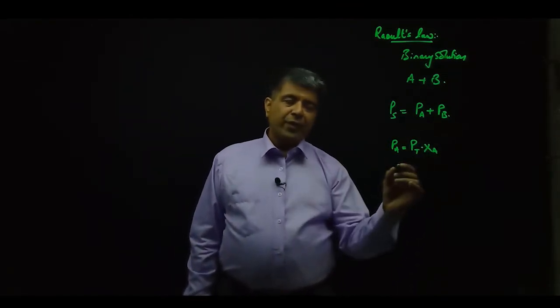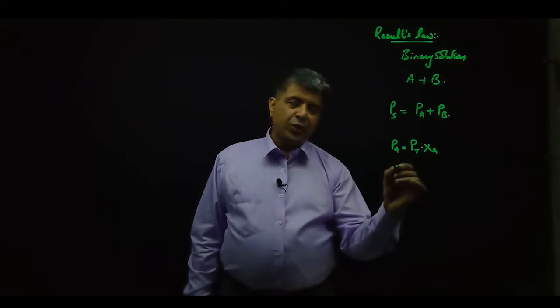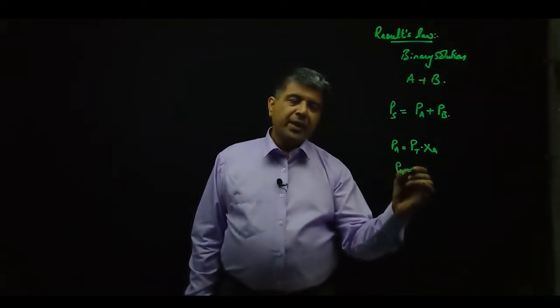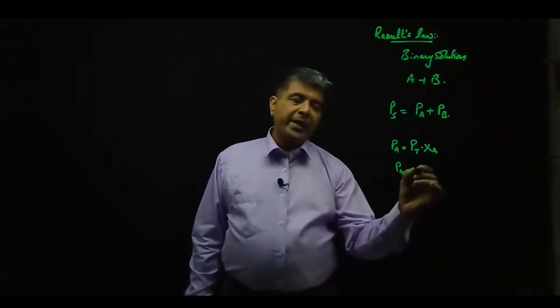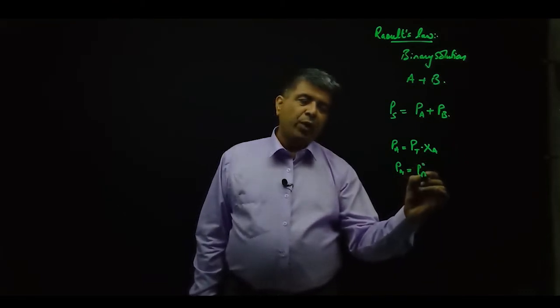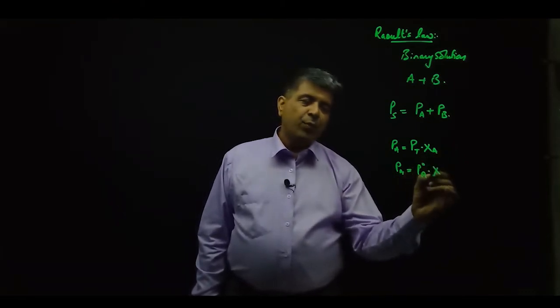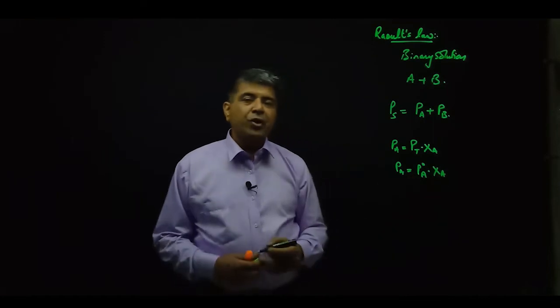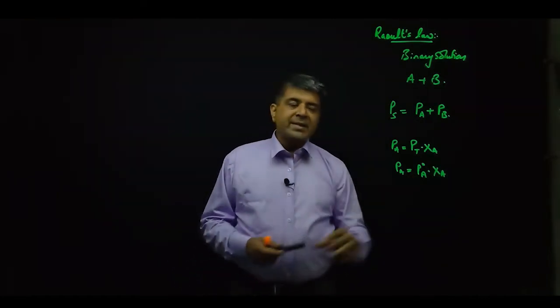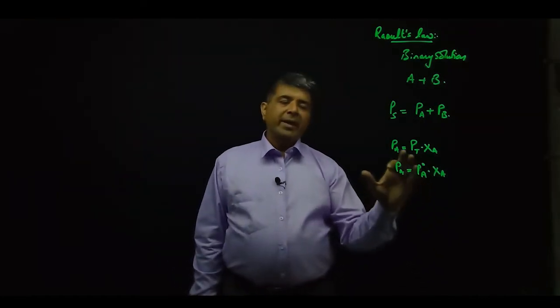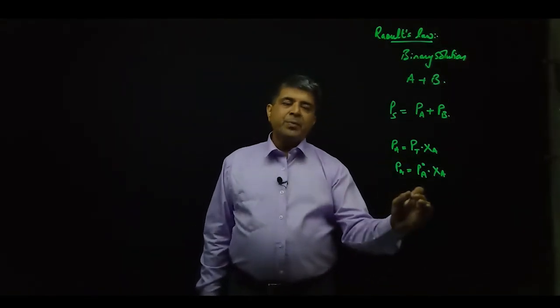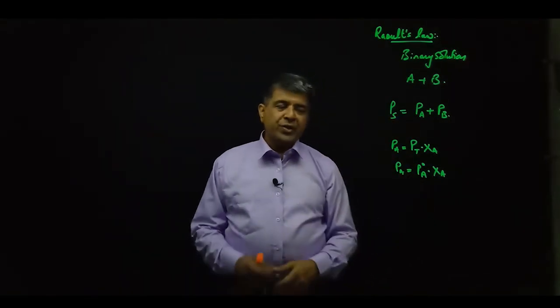But in case of this Raoult's law, we will use this relationship, that partial pressure would be equal to vapor pressure of pure liquid A into its mole fraction, and this vapor pressure of pure liquid A is same pressure when pure liquid A is present at the temperature of solution.